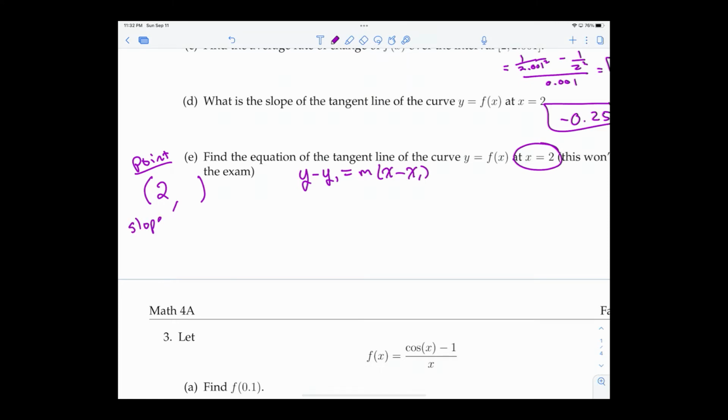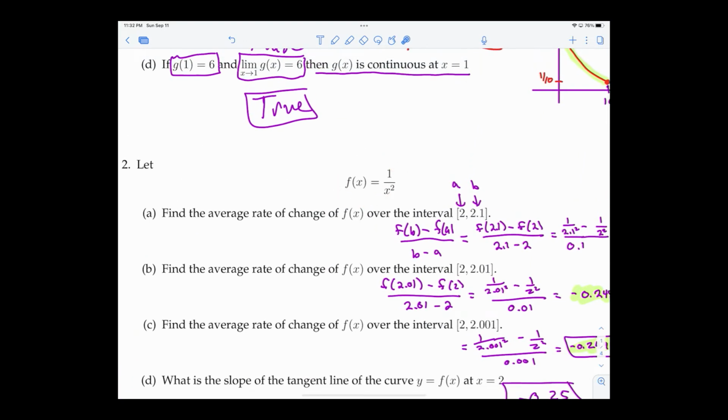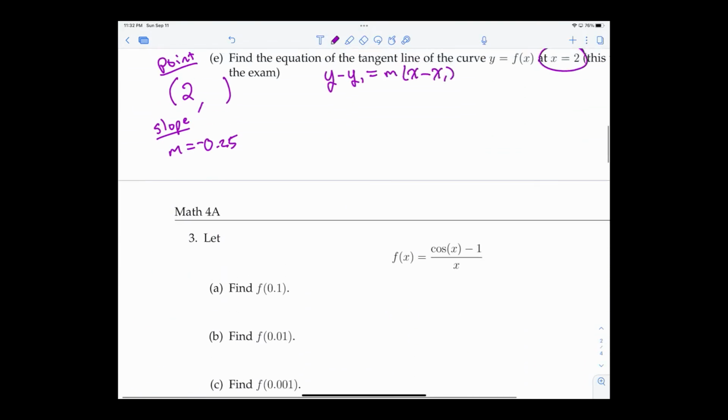We need a slope. The slope is what we just found. I'm going to call it m equals negative 0.25. We need the y value. How do we get the y value? Well, this is at x equals 2, and the function up here is 1 over x squared. So what is f of 2? It is 1 over 2 squared, so it is 1/4, or positive 0.25.